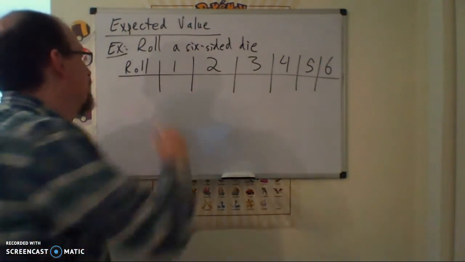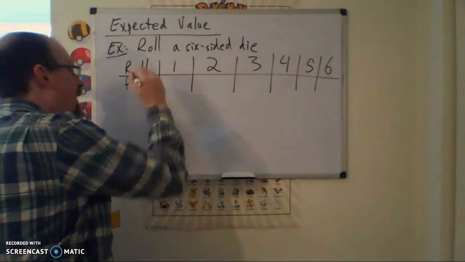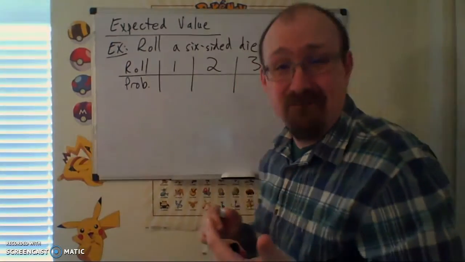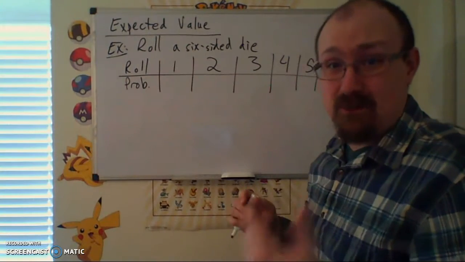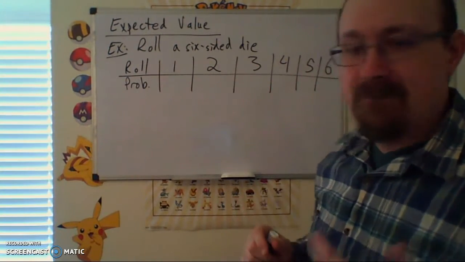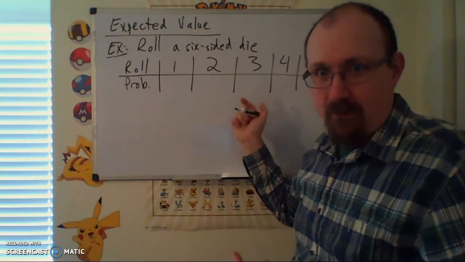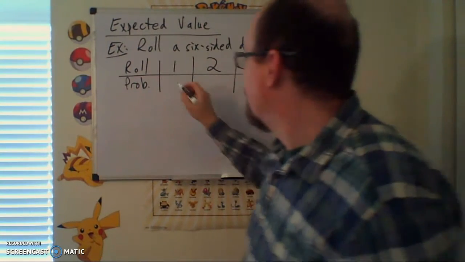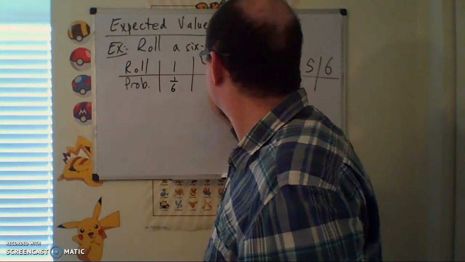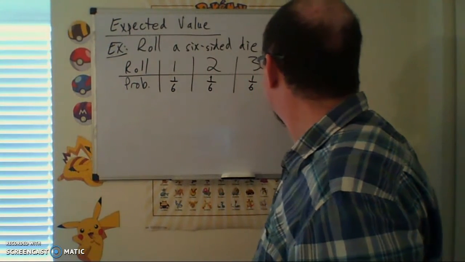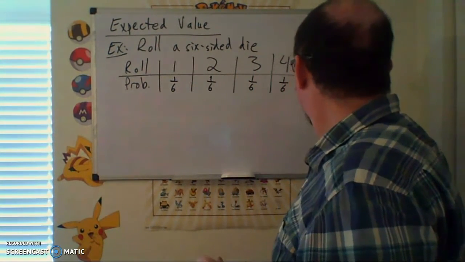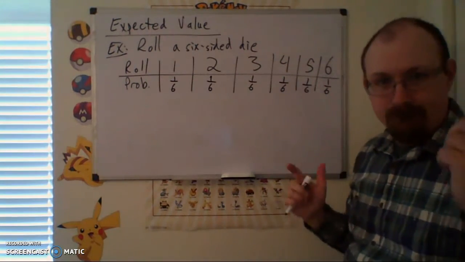There's all my possible outcomes. Now, I'm also going to want to identify the probabilities associated with each of these rolls. Assuming you've got a fair die, it's just as likely you get a 1 as a 6, right? So all of these probabilities should be 1/6. Okay, so we got that.